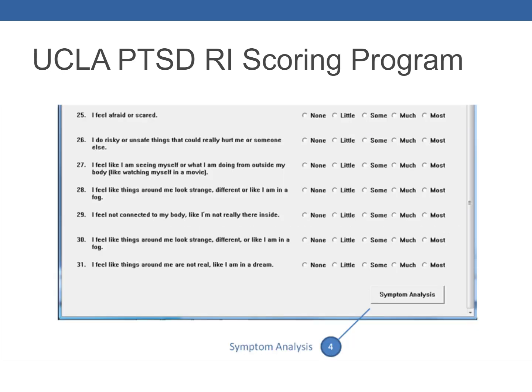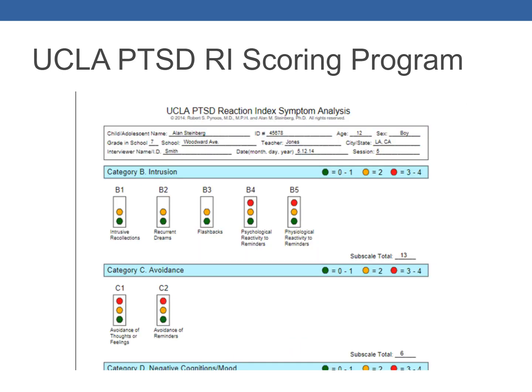Once the answers are entered, click Symptom Analysis and a document will be generated that looks like this. The subscale scores are generated on this symptom analysis, and the traffic light graphics allow you to see which symptom areas are most elevated, which are denoted by the red light. This also can serve as a helpful visual when reviewing scores with your clients.